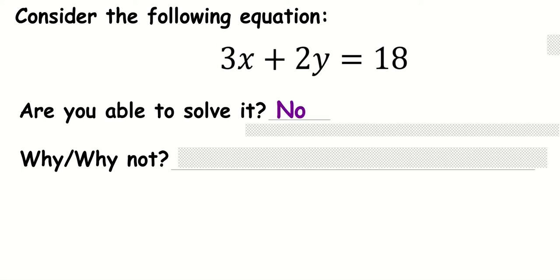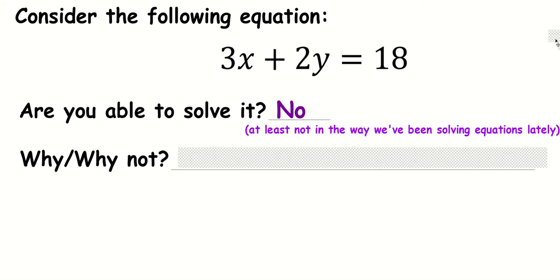And maybe by now you might have decided, no, and let me elaborate on that. At least not in the way we've been solving equations lately. We're not going to be able to solve this equation the way we've been doing equations in Chapter 2 and so far in Chapter 3. So why not, right?